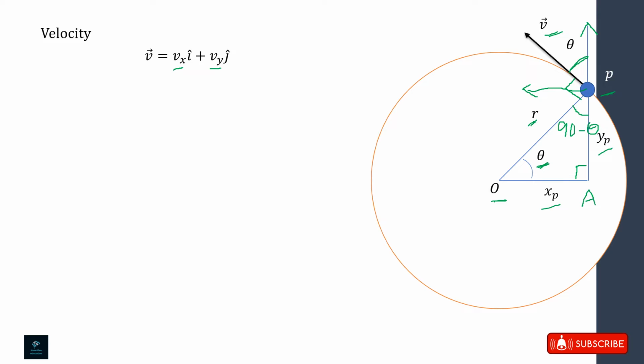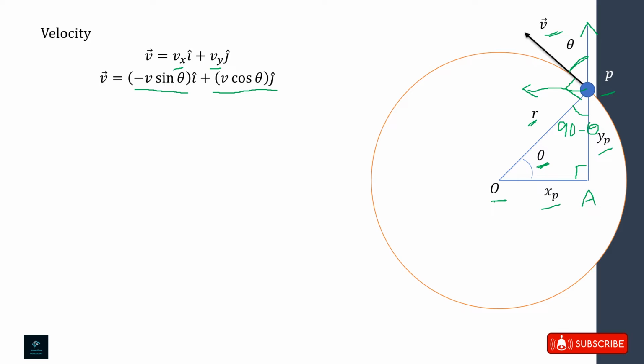Since this angle theta is adjacent to the y component, the y component of the velocity is v cos theta, and since the x component of the velocity is directed in the negative x direction, the x component of velocity is minus v sin theta. Therefore, the velocity vector can be written as minus v sin theta i plus v cos theta j.